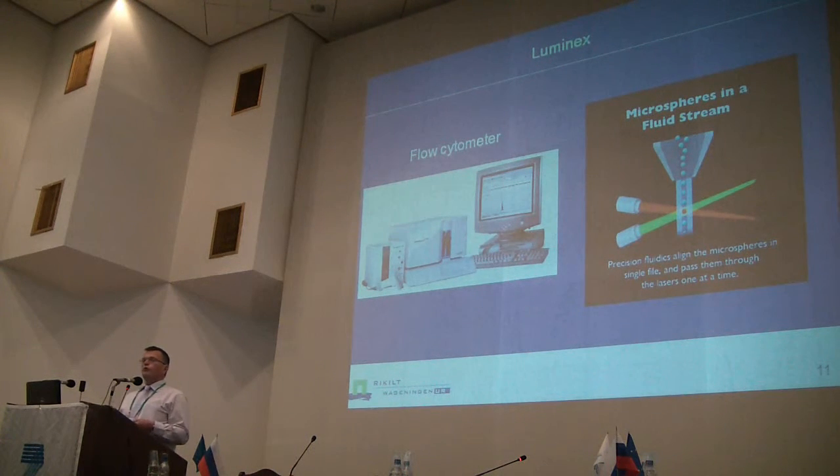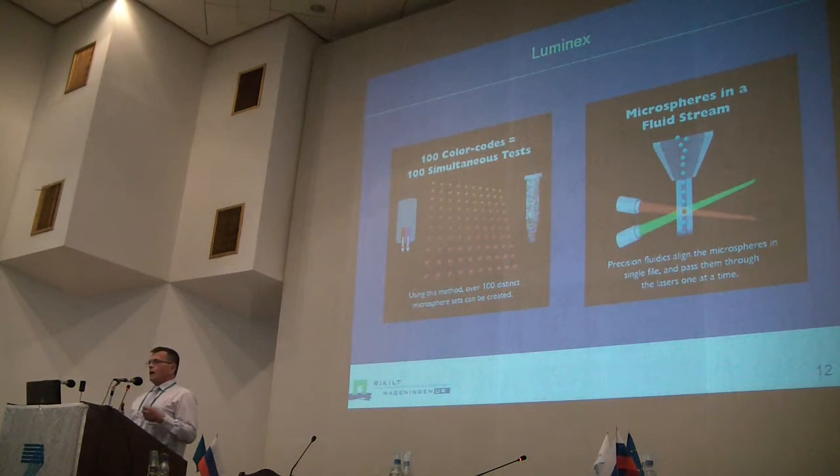The first 2 are flow cytometers. In a flow cytometer, you measure beads which pass through a very narrow cell line here, and the red laser over there measures the type of bead, and the green laser measures the reaction on the bead. They create 100 different beads by making 2 different dyes inside the beads.